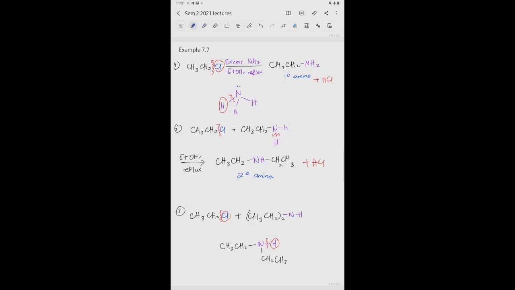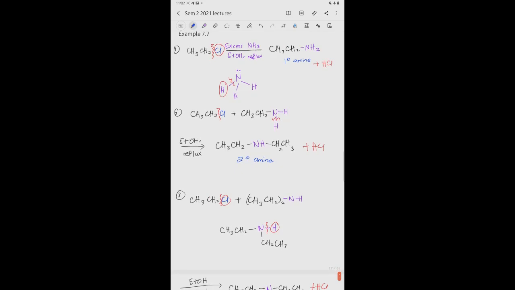But if you don't want to produce a primary amine, let's say you want to produce the secondary amine, the tertiary amine and so on, you can react the haloalkane with not excess ammonia. How to differentiate if you are given an equation in the question? It is not written as excess. It is just written NH3, so that one will produce other than primary amine.